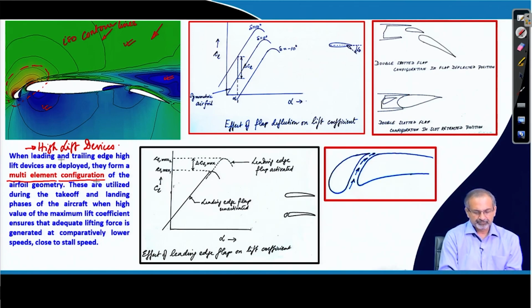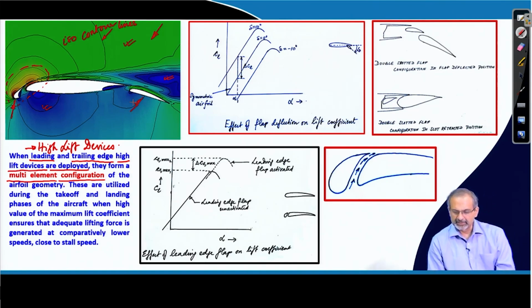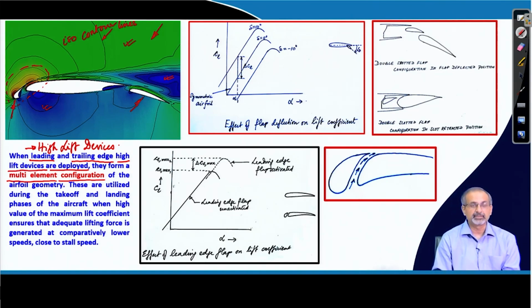So, here we see both leading and trailing edge high lift devices have been deployed. We have a slat here and we have a single element flap that has been deployed here, and interestingly what you see further is that there are regions which have gaps and there is flow moving through those gaps.